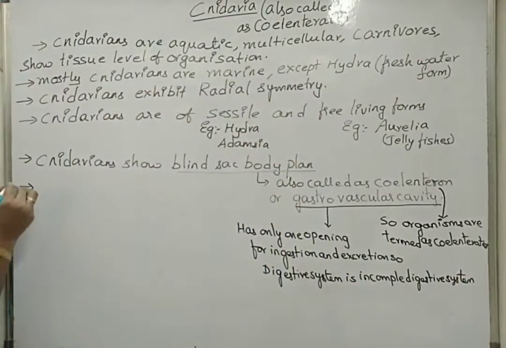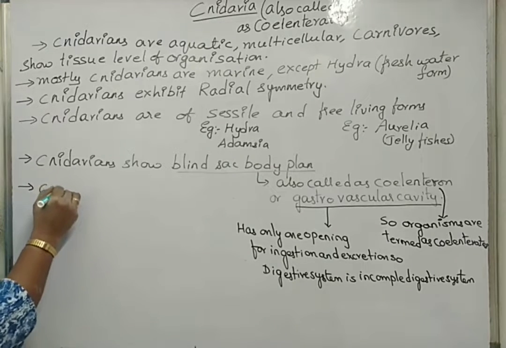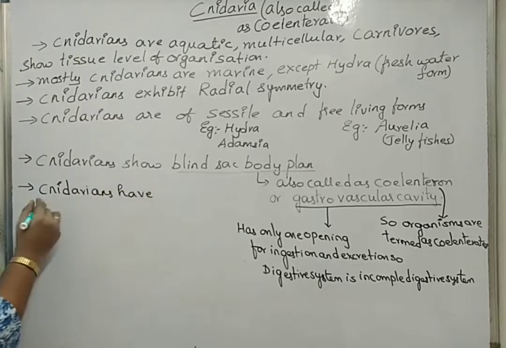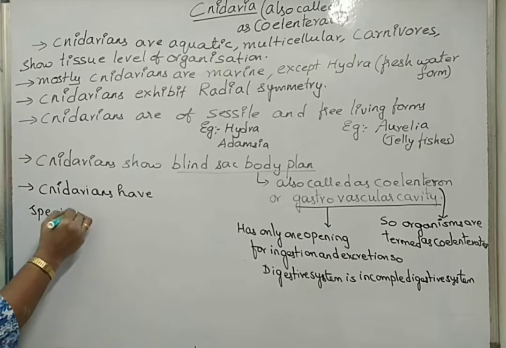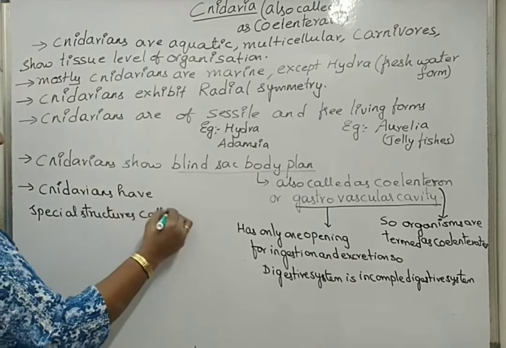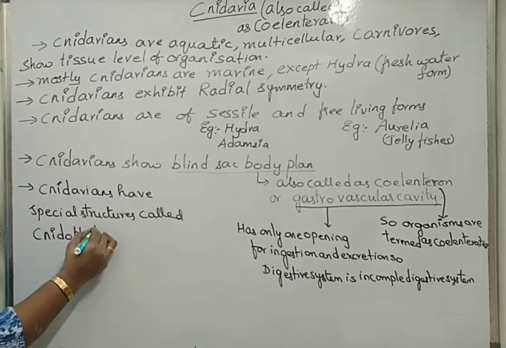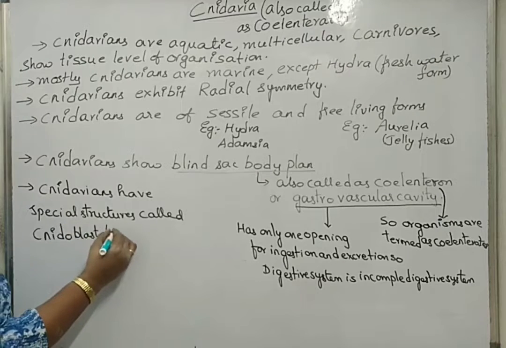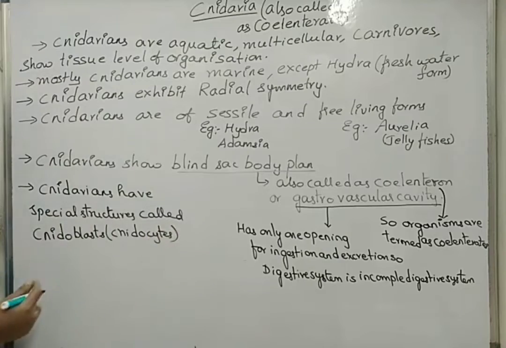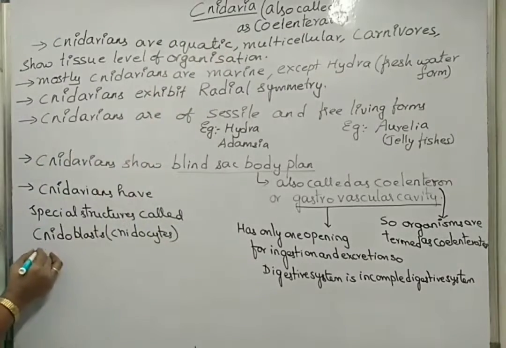These cnidarians have special structures called cnidoblasts. These cnidoblasts are also termed cnidocytes. So these organisms are also called cnidarians.